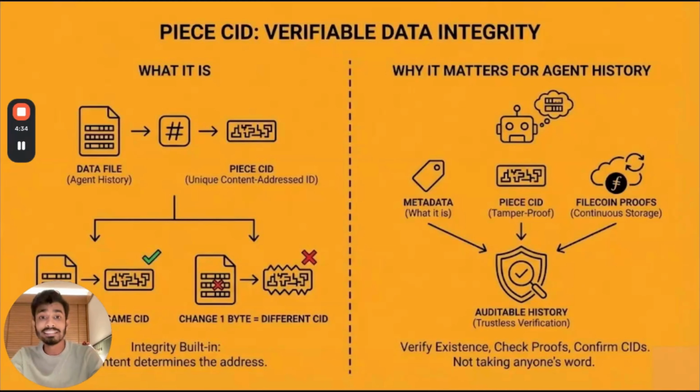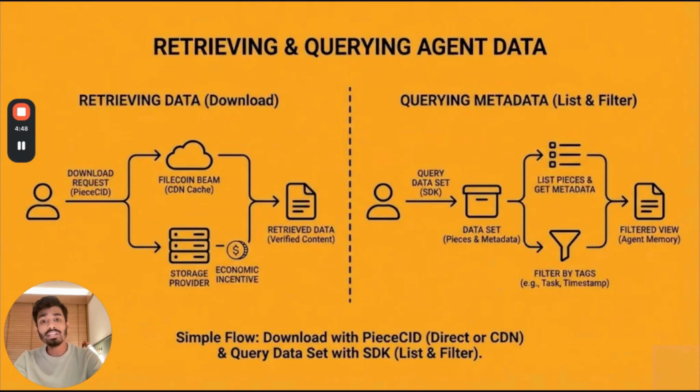Perfect, right? This is because everything lives on Filecoin Onchain Cloud, and the storage providers are continuously running proofs to demonstrate that they still have your data. Now, when you need to get the data back, you download using the PieceCID. Again, any provider that has the piece can serve it to you.